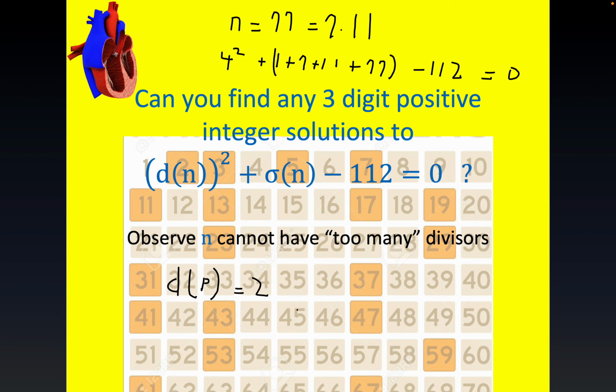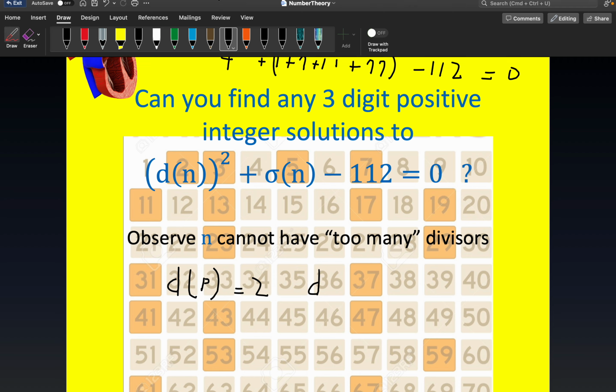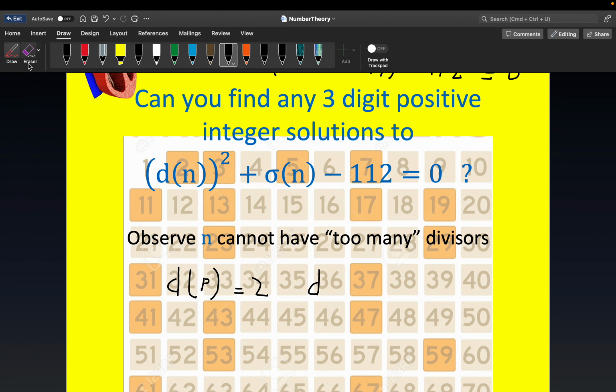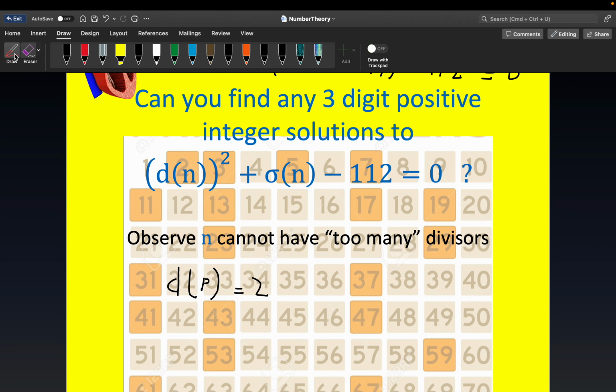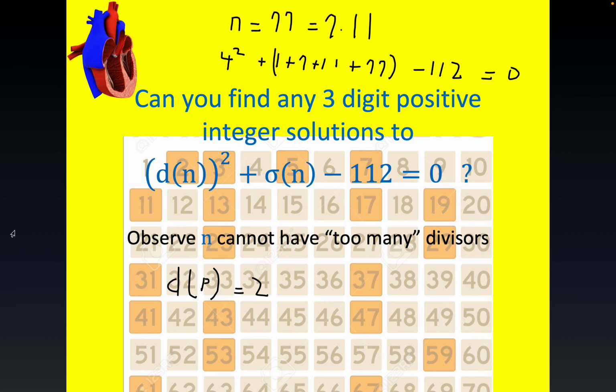Now the sum of the divisors is about the same. The 2 divisors are 1 and p. So the sum of the divisors for any prime p is just the prime number itself plus 1, so this is going to be p plus 1.